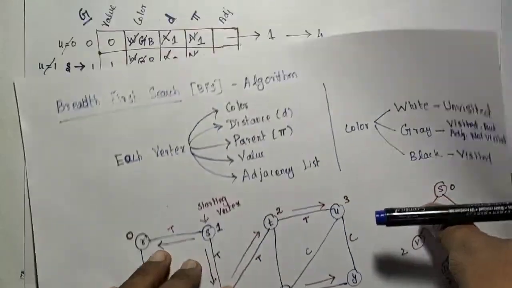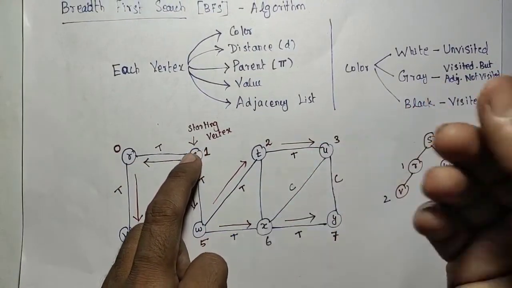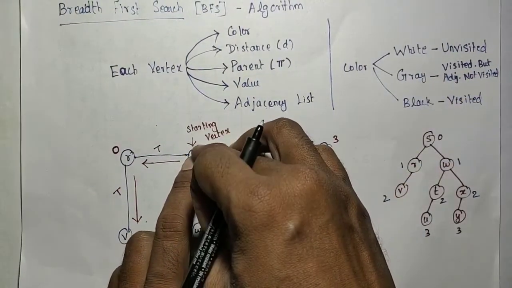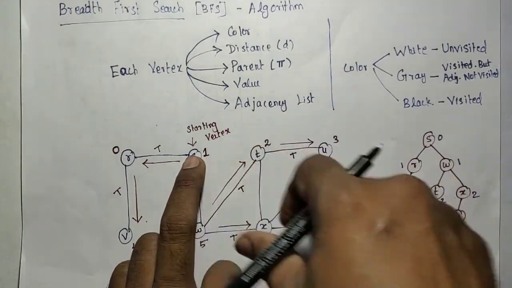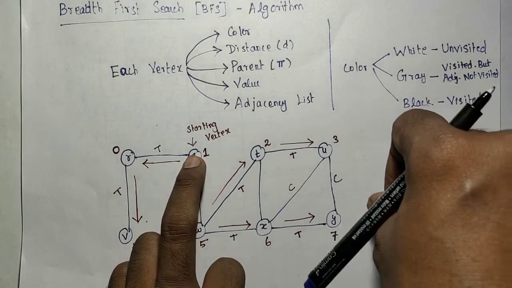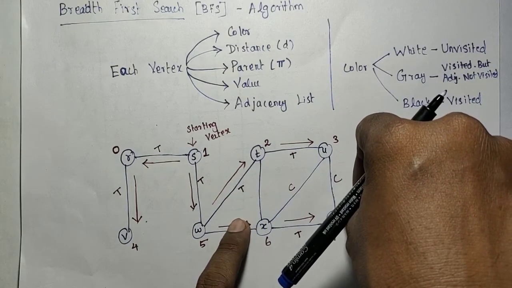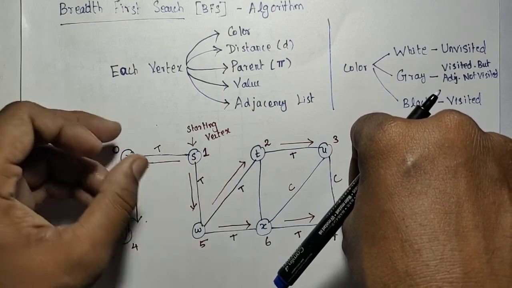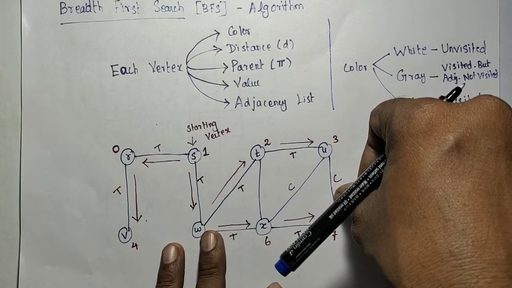We are passing the starting node as an input. If it is weakly connected, from a particular starting node I may not reach all the nodes in the directed graph. So if it is a directed graph, make sure it is strongly connected. If it is strongly connected, from any starting node I can reach all the nodes, so that your algorithm will work.